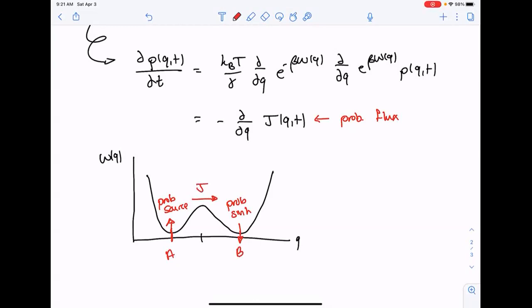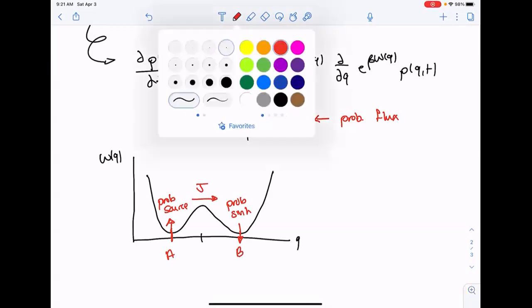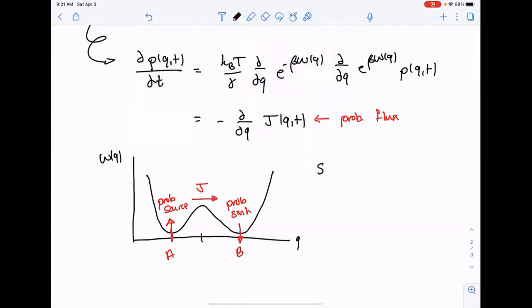That current is a probability current. We've just denoted J. And in the steady state, that J will be the probability of being in A times the rate to go between A and B. So by computing that flux, we will be able to infer exactly what the rate is.